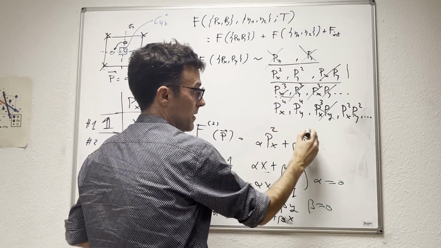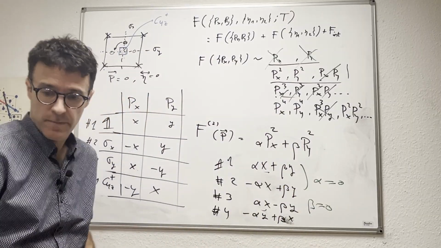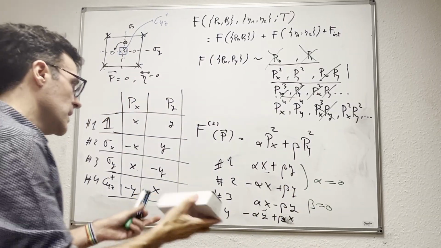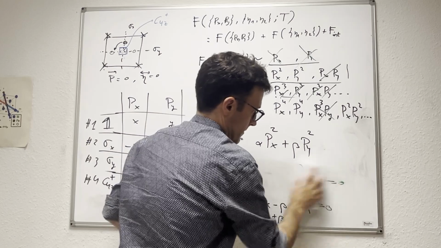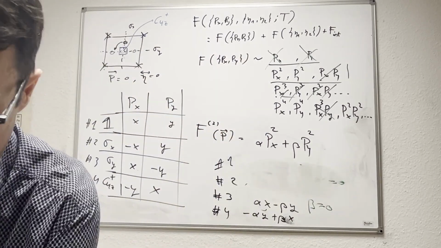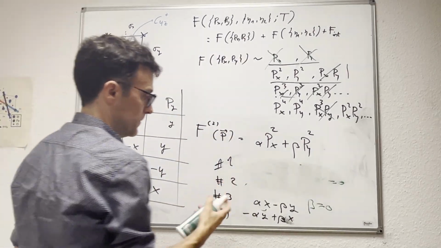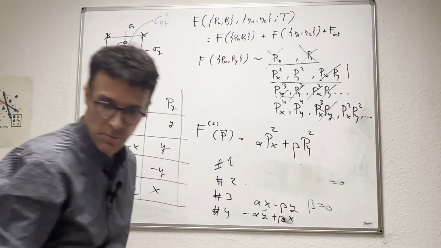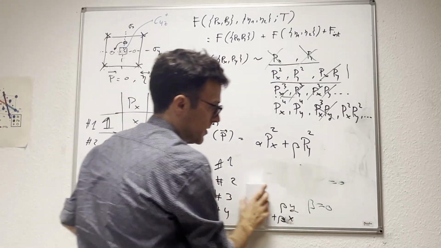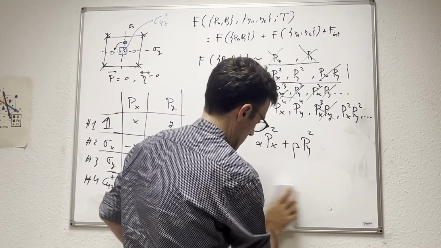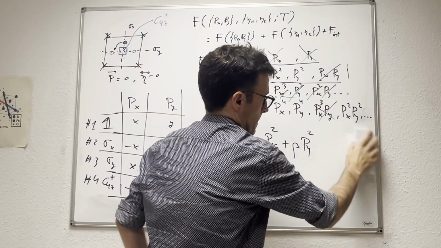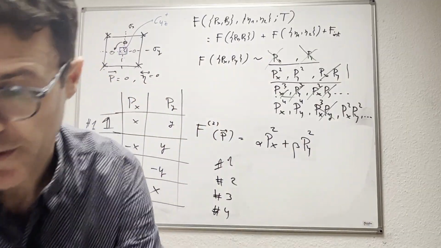So let me write it simply. And now, of course, we are going to see what this gives us as a contribution to the energy for our four very well chosen states that test essentially the complete symmetry of the system.